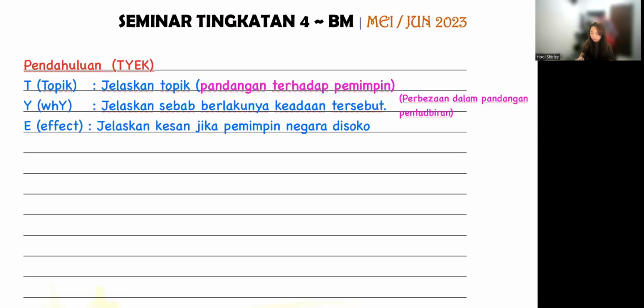What is the kesan if the leader is supported by the people, supported by everyone? So for sure, for example, focus on the kebajikan, the welfare of the people. So for this one, let's say jadi kebajikan rakyat terjamin.